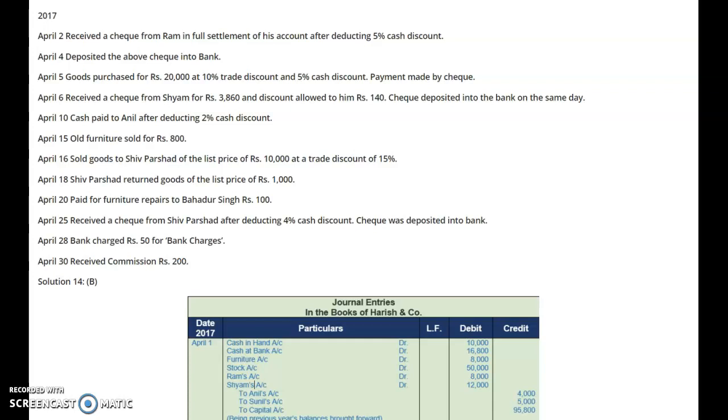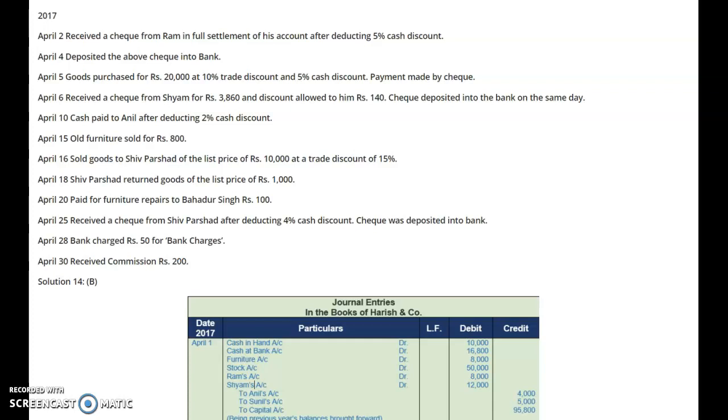In order to avail the cash discount, we had made the payment by check. So 5% will also be calculated as a discount on 18,000 because net purchases are 18,000. So 5% of that comes to 900.